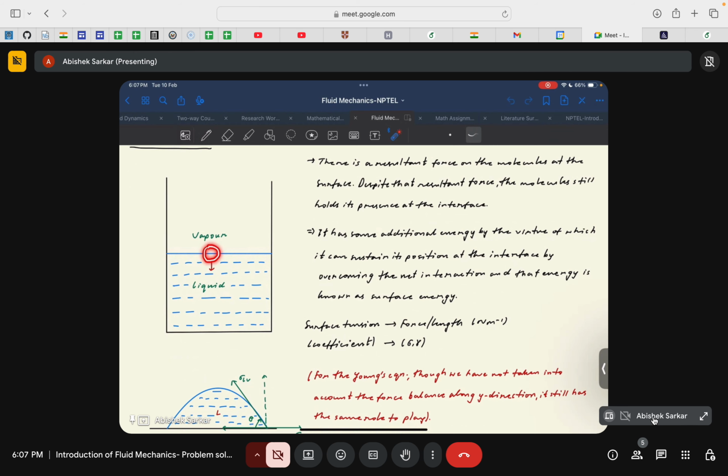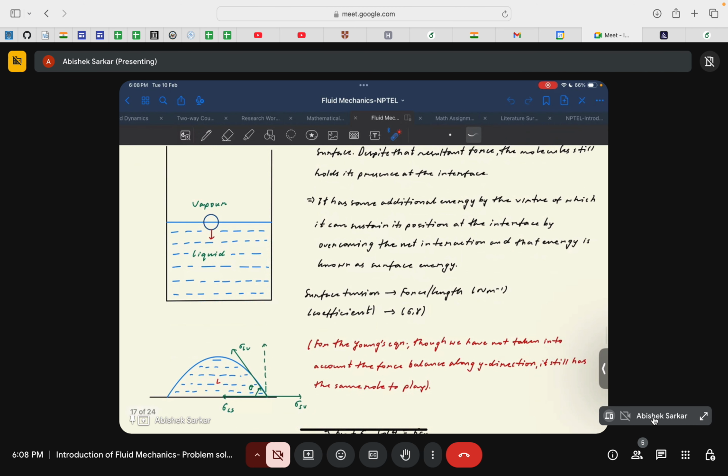Because the lower side of the fluid molecule is attached to the fellow fluid molecules, it tends to have a higher resultant force or higher net force compared to the forces of attraction between the fluid molecule and the air, because of which it will tend to break the shape of this particular molecule.